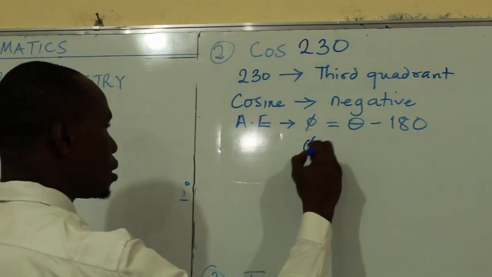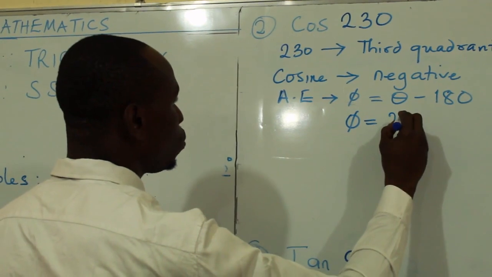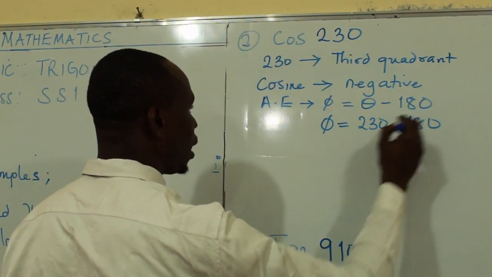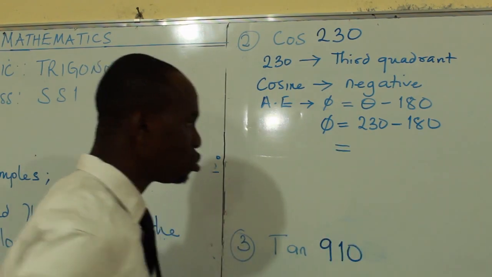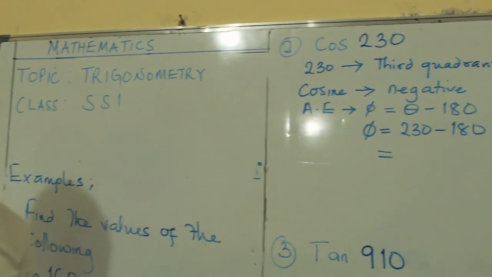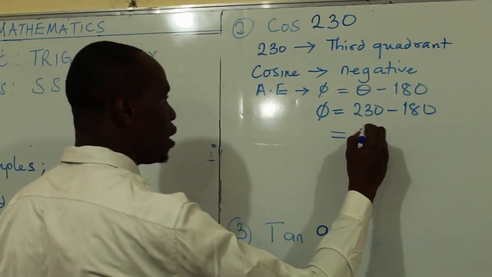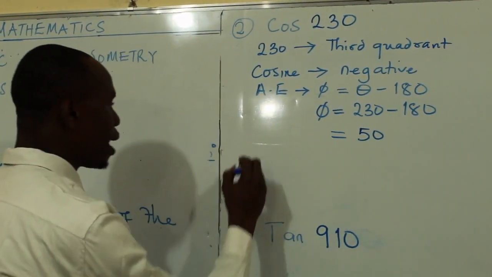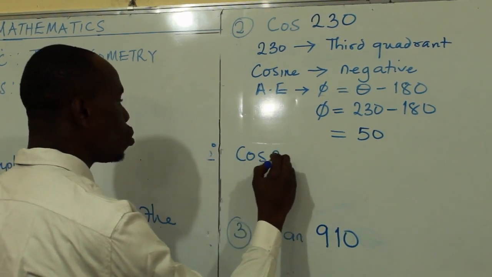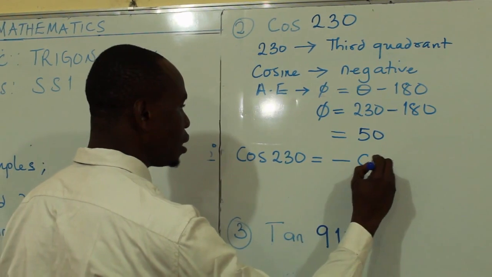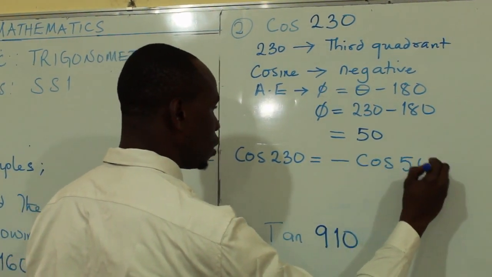Phi, in this case, becomes 230, which is the angle given, minus 180. If you subtract 180 from 230, you're going to get 50. So we can write that cos 230 is the same thing as negative cos 50.